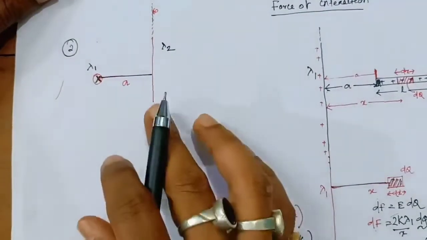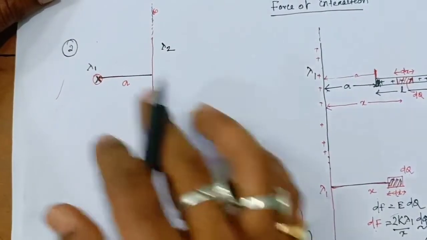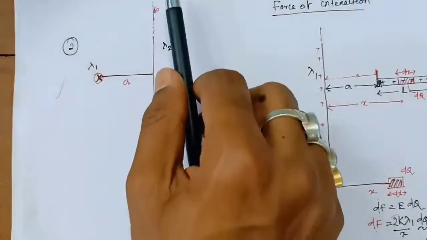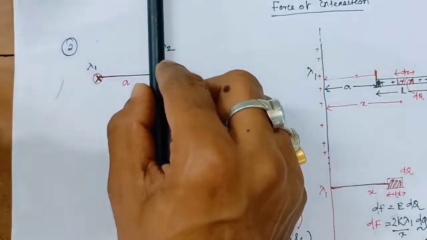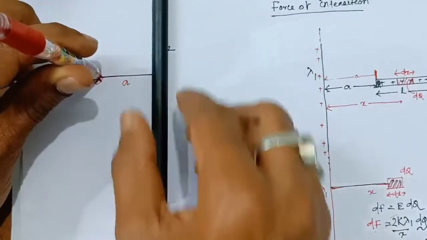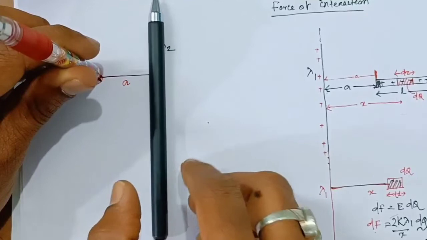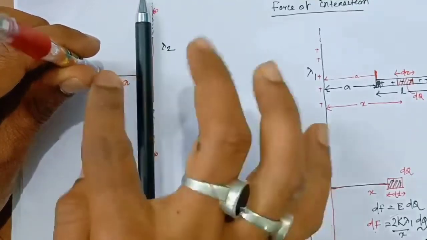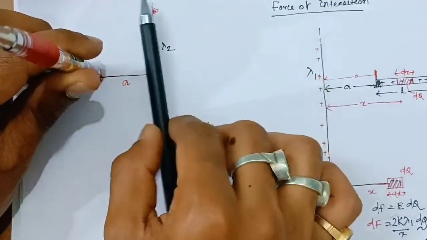Now the question will ask you to find the force of interaction, and one student can easily predict this is one rod, this is one rod, and these two rods are mutually perpendicular. At a distance A there will be a separation.